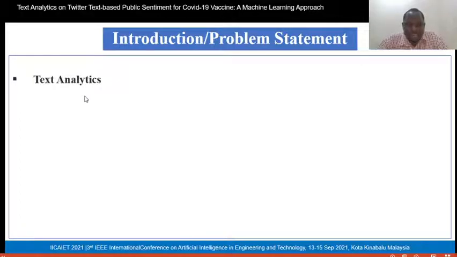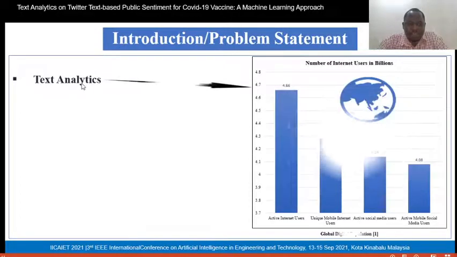What is text analytics? The concept of text analytics is nothing other than to mine text data from the internet, be it social media or other platforms. If you look at this chart, there are about 4.66 billion active internet users around the world.